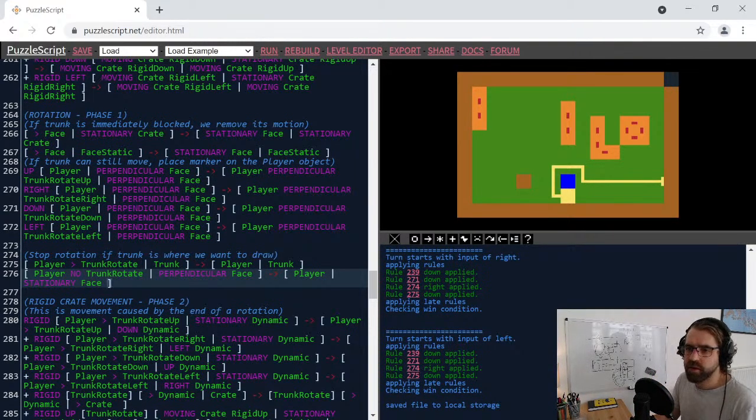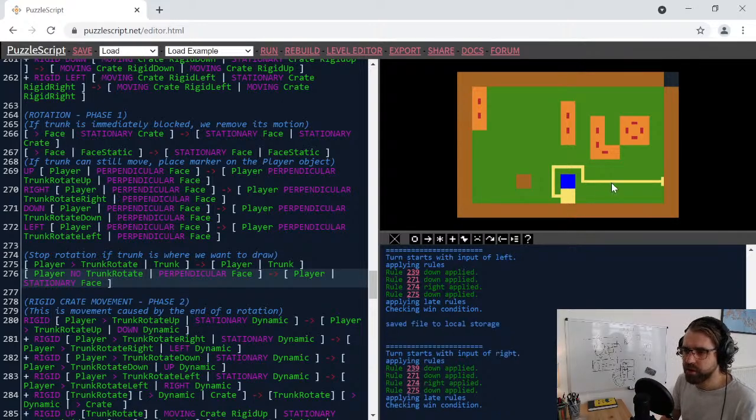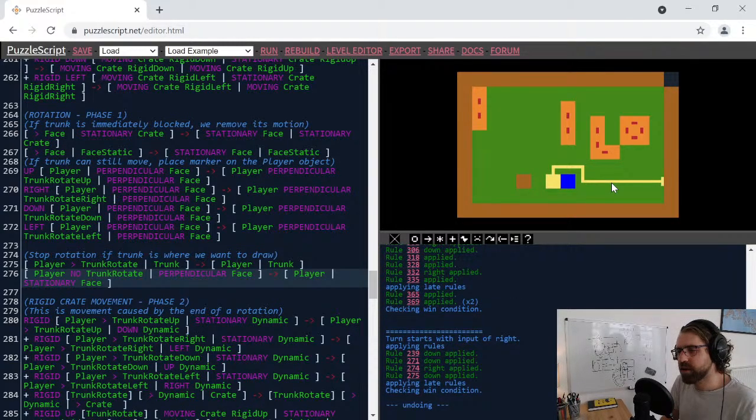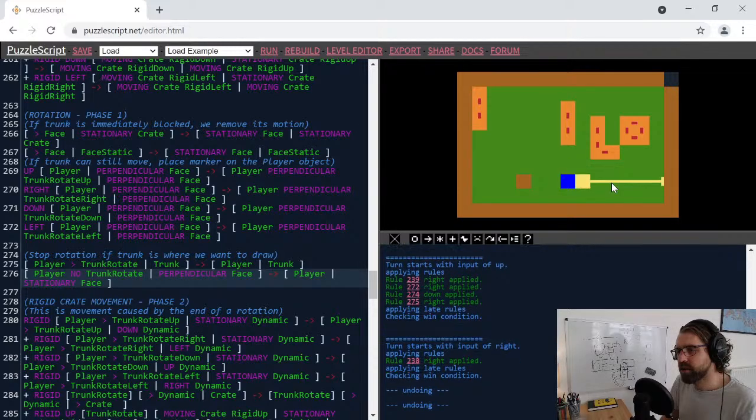So, no trunk rotate, perpendicular face, player stationary face. So I need to know, is the trunk that I'm trying to wind into trunk that I've just placed, or is it trunk from earlier in the trunk? Okay, so how am I going to do that?